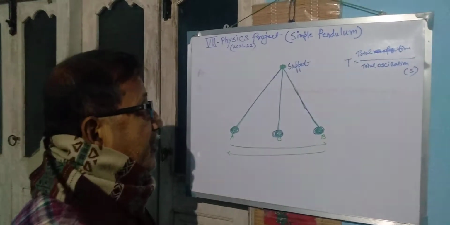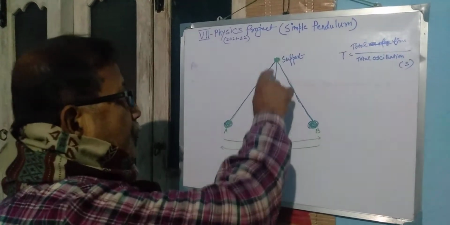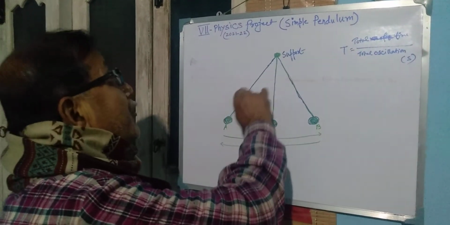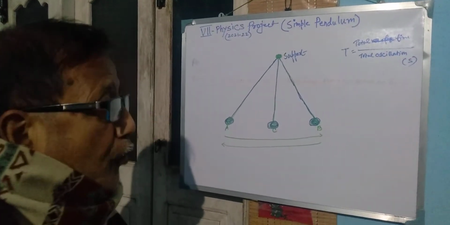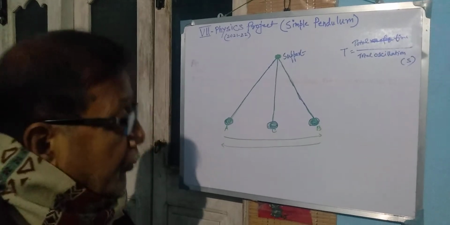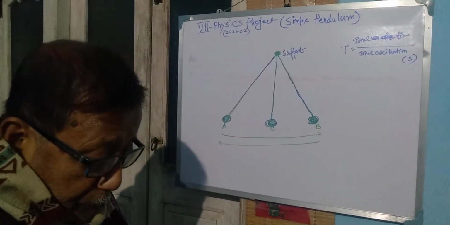So here you can see the simple pendulum that I have drawn. This is the support, and with this support the other end of the thread is tied, and at this end a bob. You can use a plastic ball as the bob. It should not be very light.